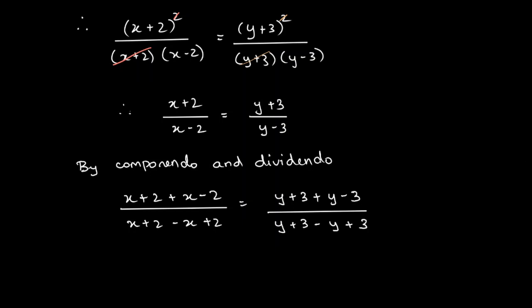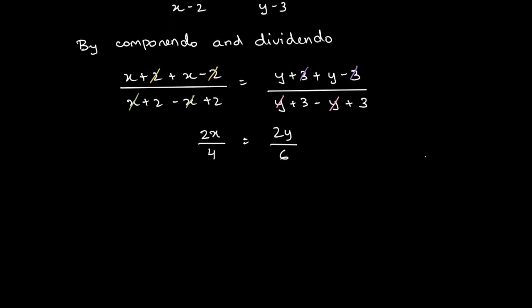So now what are the terms that are getting cancelled? In the numerator here I have plus 2 minus 2 getting cancelled. In the denominator I have plus x and minus x getting cancelled. In the numerator here plus 3 and minus 3 getting cancelled, and in the denominator here plus y and minus y. Right, so x plus x is 2x divided by 2 plus 2 is 4, which is equal to y plus y is 2y divided by 3 plus 3 is 6.